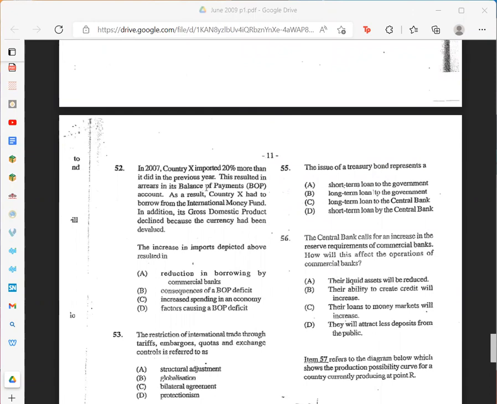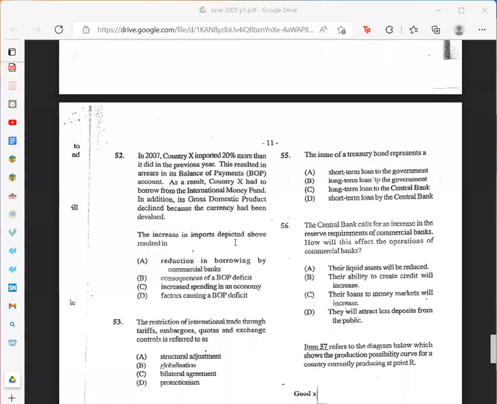52, country X imported 20% more than it did in the previous year. This resulted in arrears in its BOP account. As a result, country X had to borrow from the IMF. In addition, the GDP declined because the currency had been devalued. The increase in imports depicted above resulted in what?